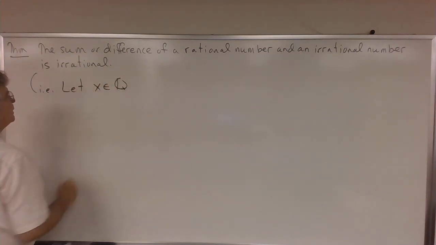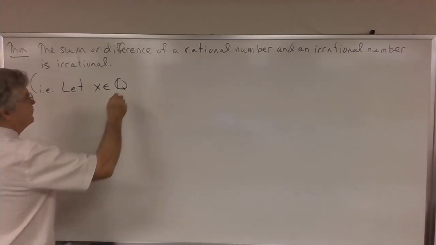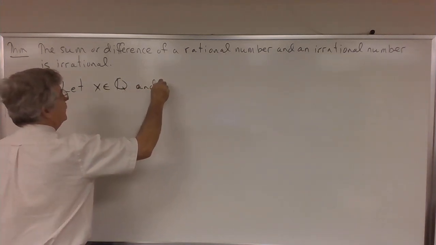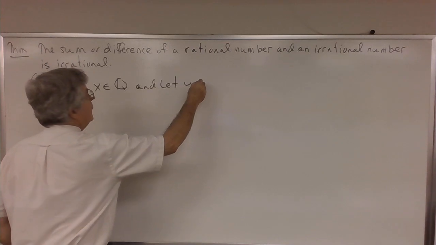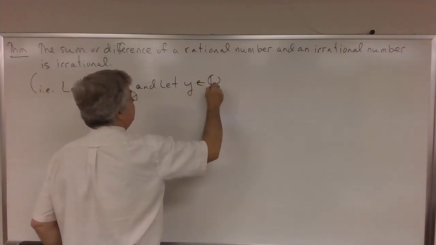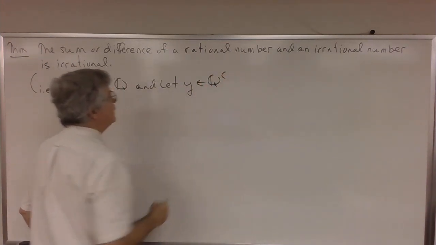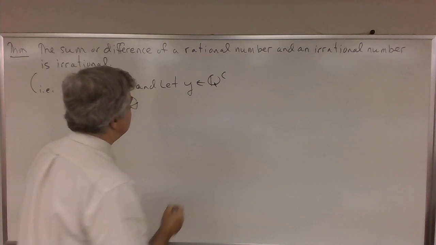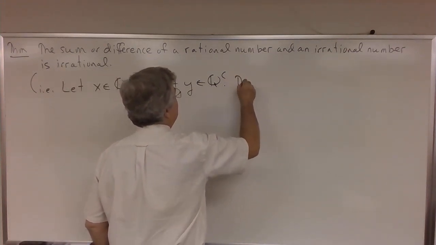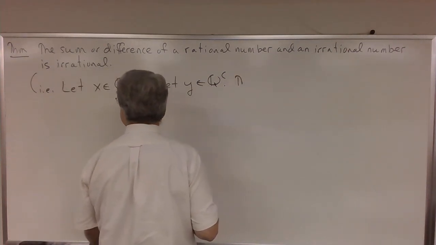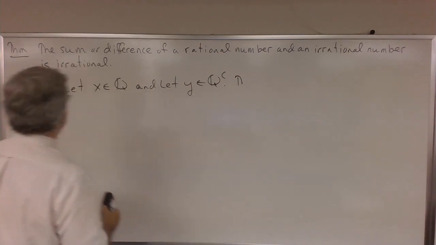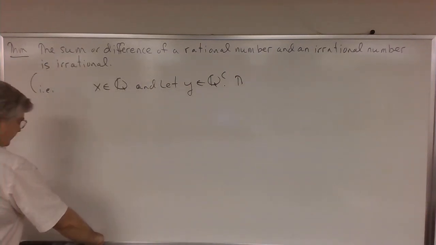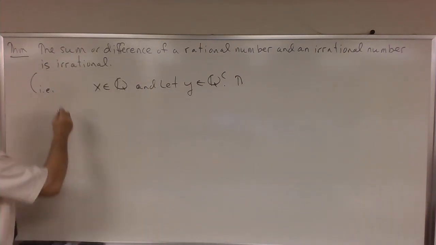So let x be a rational number, and let y be an irrational number. Or I'll tell you what, I did say I want this in the form of a conditional, right?